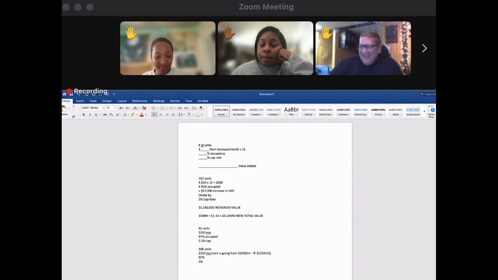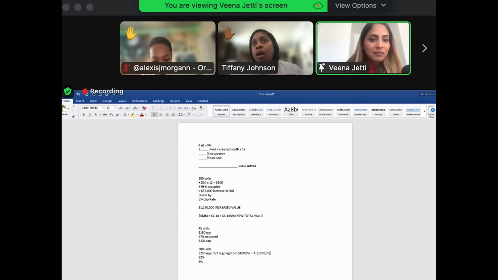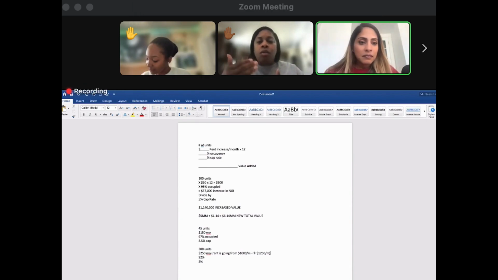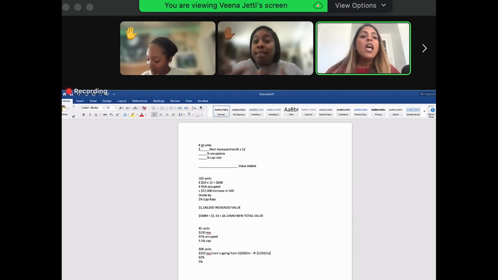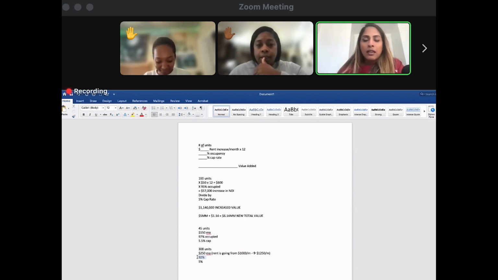But my question is, when you're looking at this value add, and yes, you're increasing the rents as you come in, first off, can you increase the rents that much, or is this only to new leases that are coming in? Very good question. So if you're going into a property, in this example, it's 92% occupied, which means that it's 8% vacant.